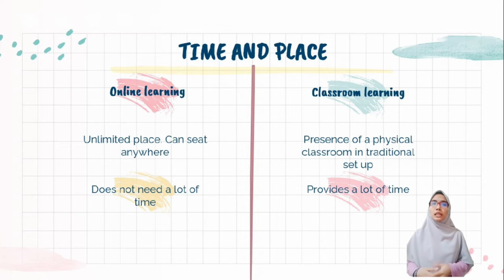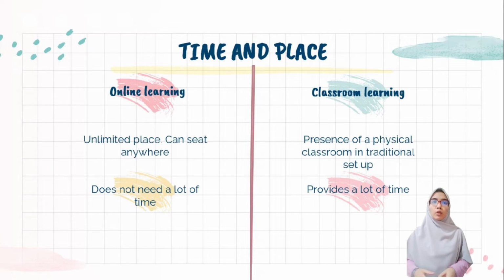The next difference between online learning and classroom learning is on time and place. For online learning, it is an unlimited place where the student can sit in any corner of their house and replay the study material whenever they want. While for classroom learning, there is the presence of a physical classroom in a traditional setup, which has specific places.